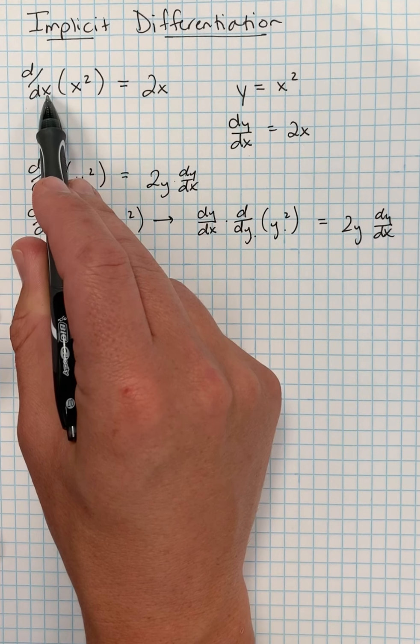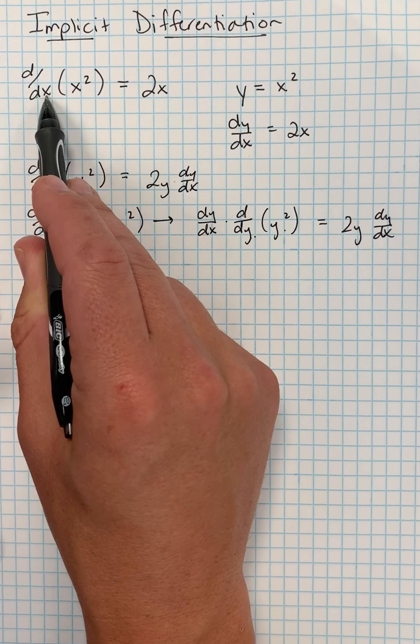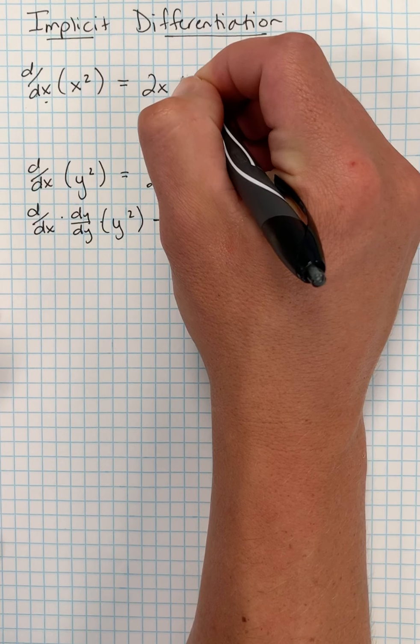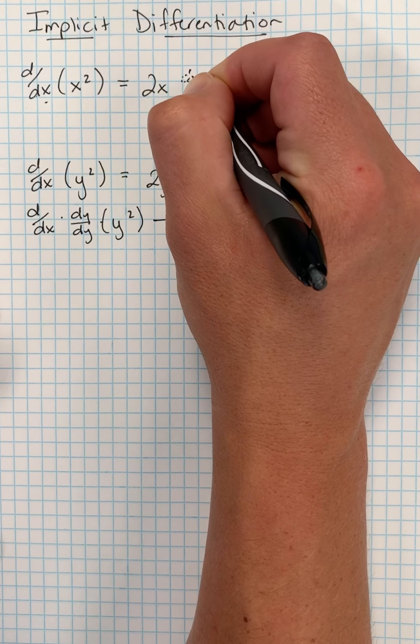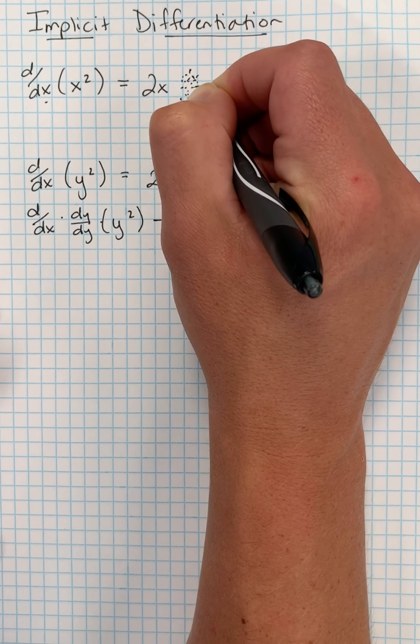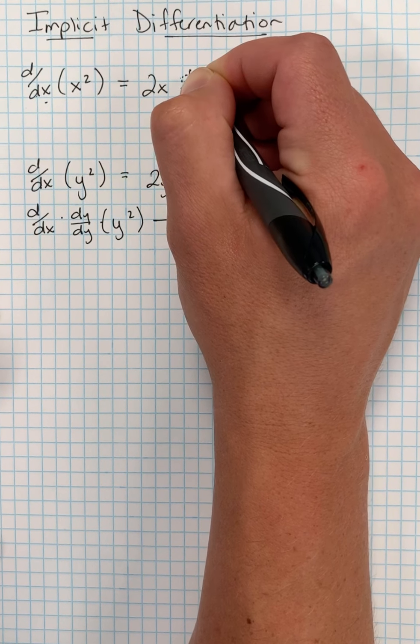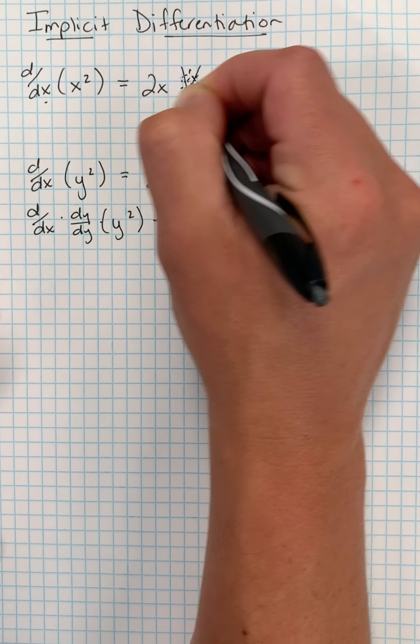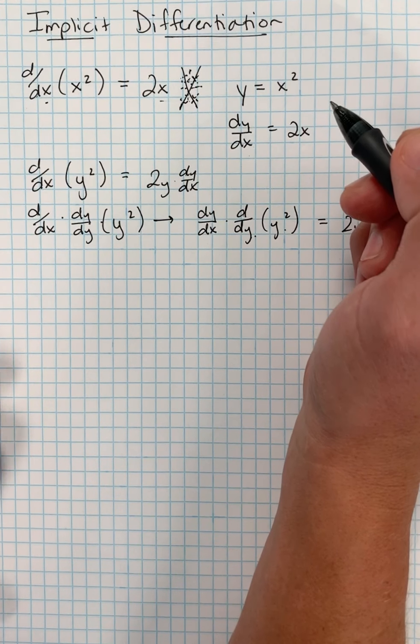If you would have done it up here, I think about it as this x and this x agree. There's a ghost dx over dx byproduct that is just 1, and so we don't need to write this, and it's just equal to 2x.